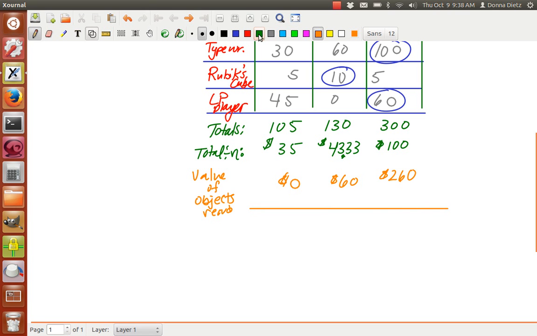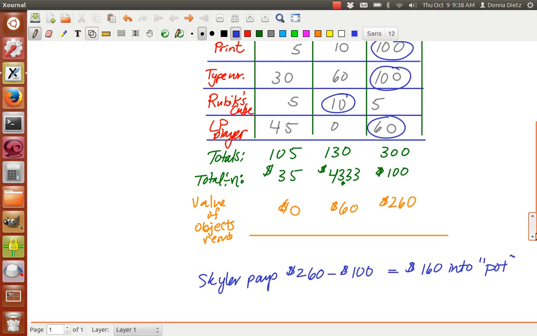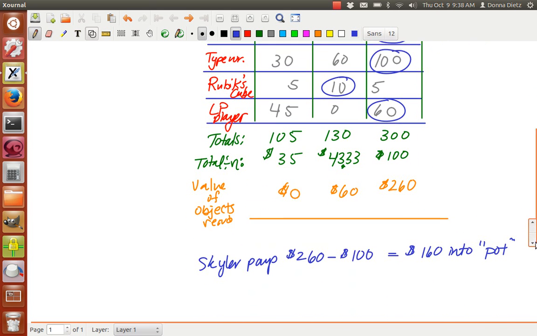So Skylar is going to pay $160. So I'm going to write it this way: 260 minus 100. So think of it as if she's got a $100 coupon. So she pays $160 into the pot. Okay, into the common zone. Okay, and what about Marvin?